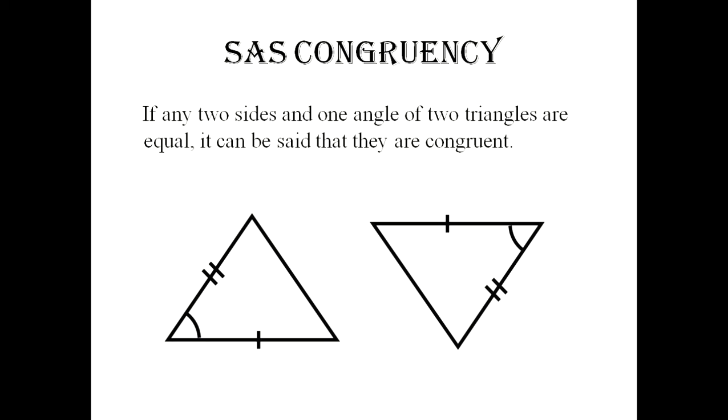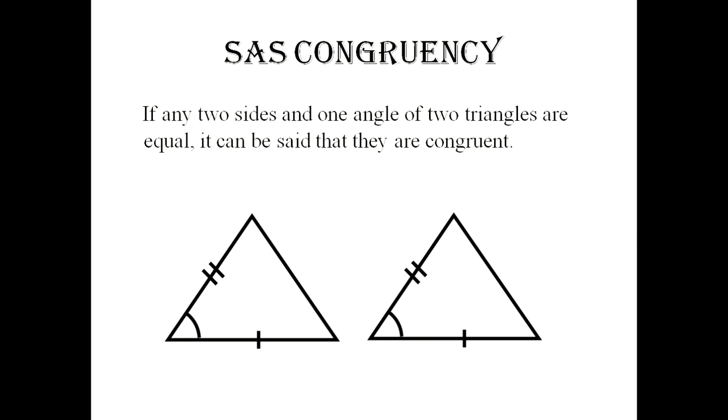If we look at the different triangles, we can see that in both the diagrams, one side is marked with a single stroke, one side is marked with a double stroke, and one angle is marked with a single stroke, which means that this side and this side are equal, this side and this side are equal, and this angle and this angle are equal. So if I reverse the second triangle, they will look exactly the same. So these two triangles are congruent.